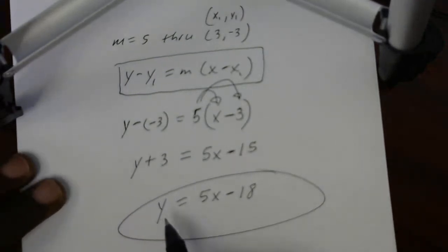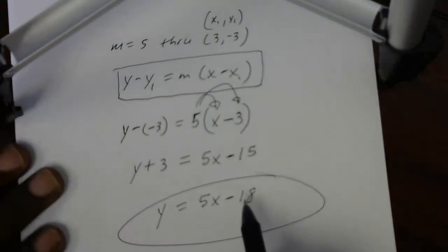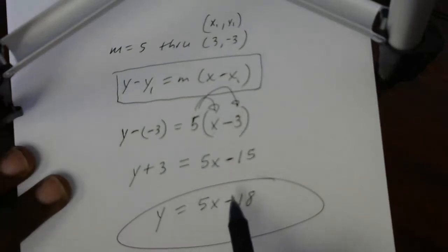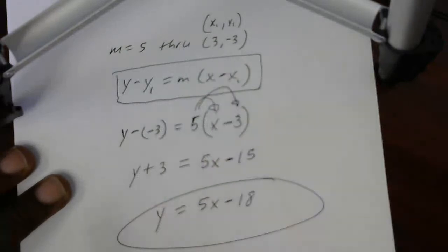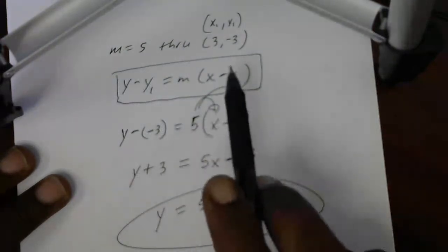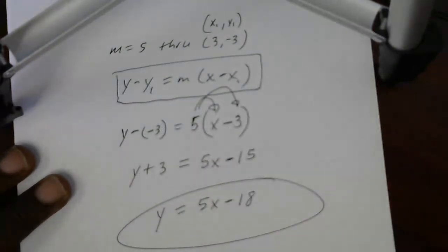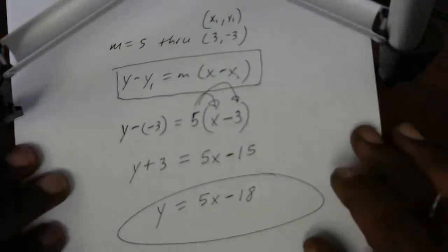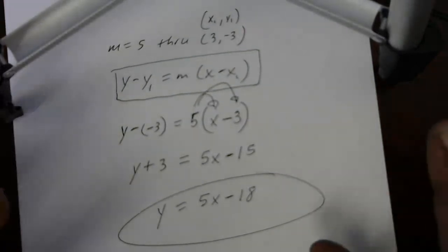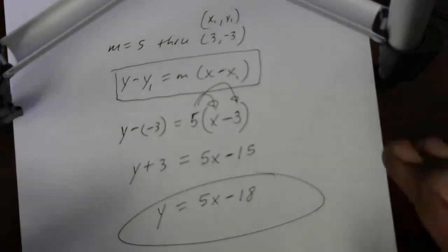Right, so the equation y is equal to 5x minus 18 has a slope of 5 and it passes through the point 3, -3. All right, so we have our first example.